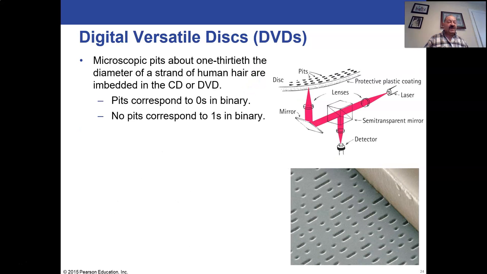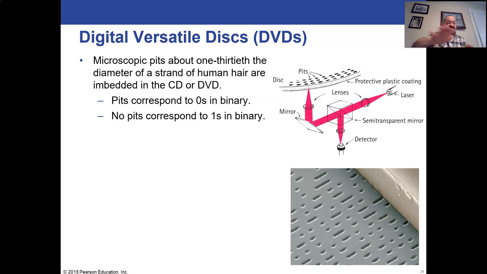So DVDs, the way DVDs work, and there's some variations depending on the version of DVD, but the idea is everything is in zeros and ones, because zeros and ones are the language of machine language in computers. That's the binary language. And the way these disks store that information is the disks themselves have microscopic pits in them.